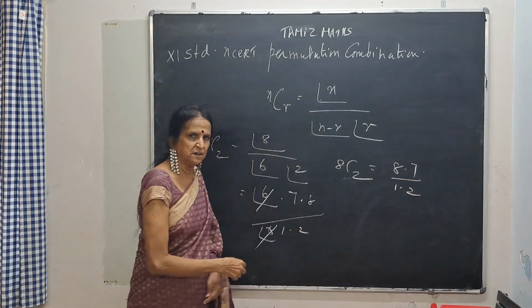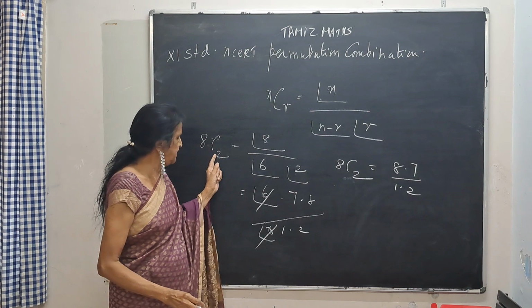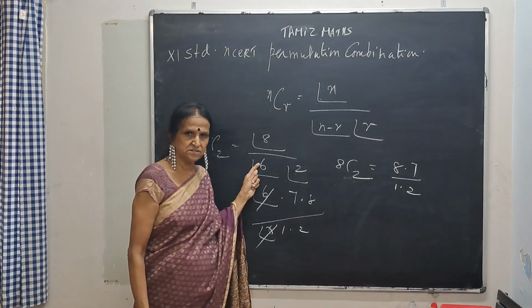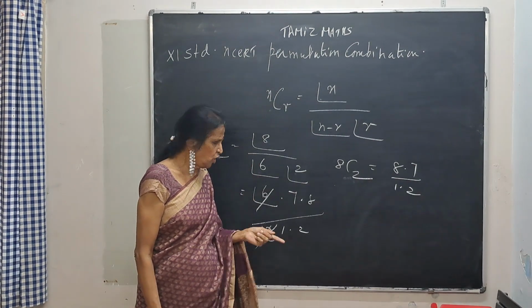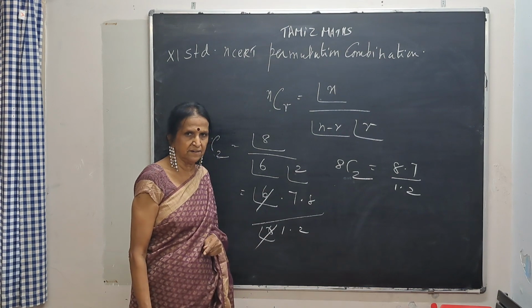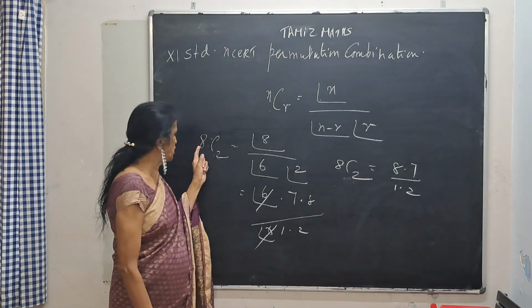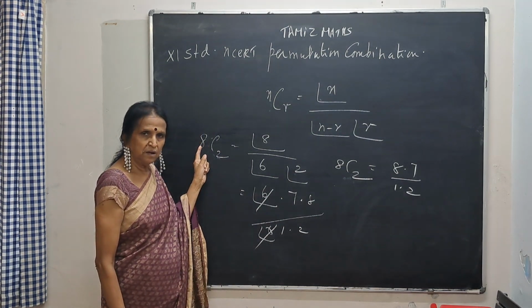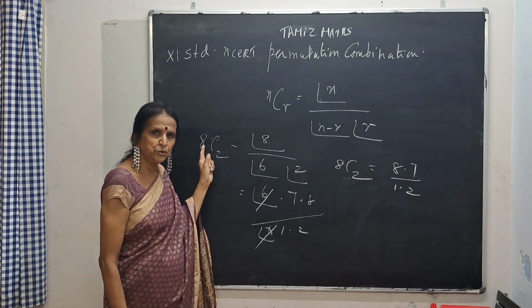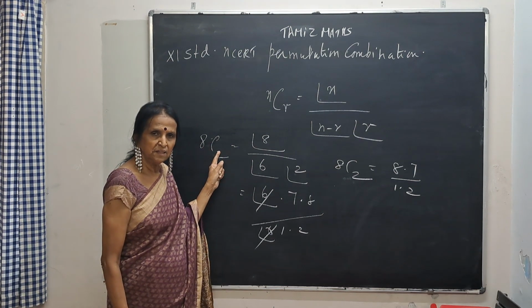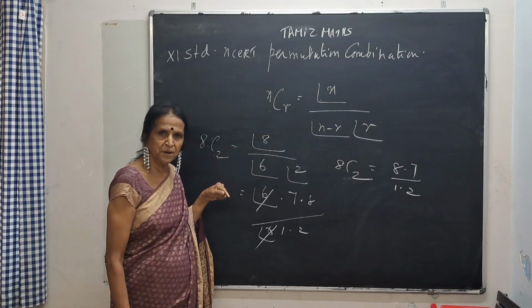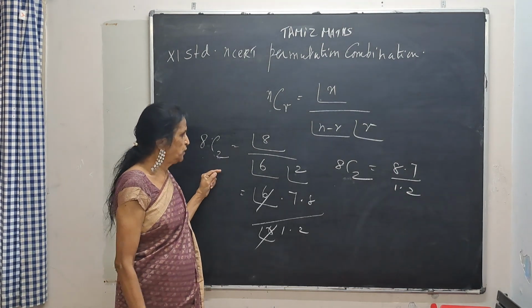So this will be the answer. Of course you can write like this, cancel all this and calculate. But the easiest way is to start with 8, and since there is 2 here, only 2 terms should be in the numerator: 8, lessen it by 1, 8 into 7 by 1 into 2.